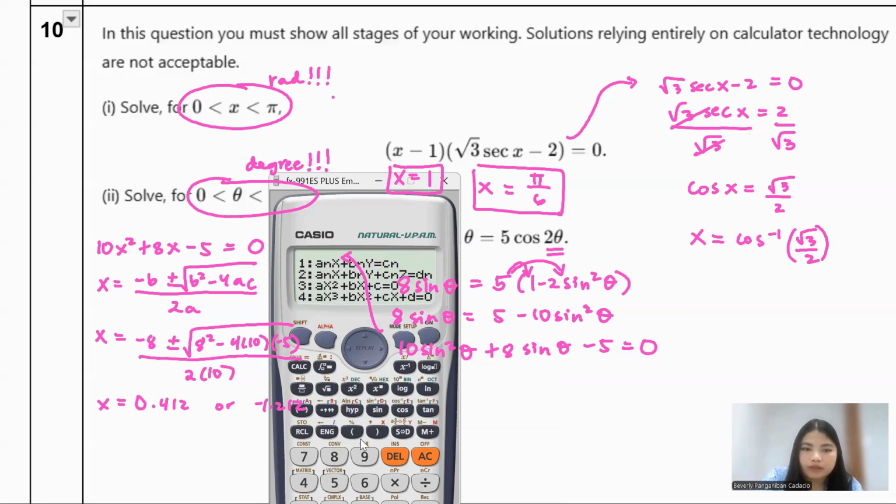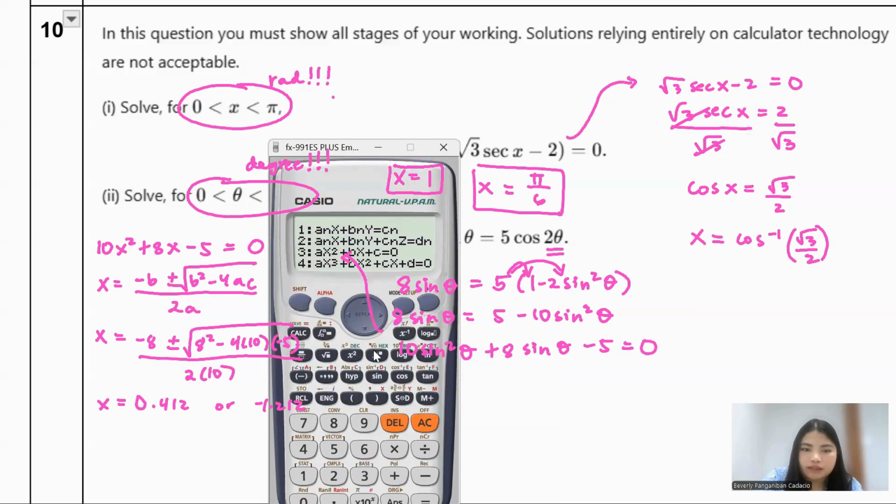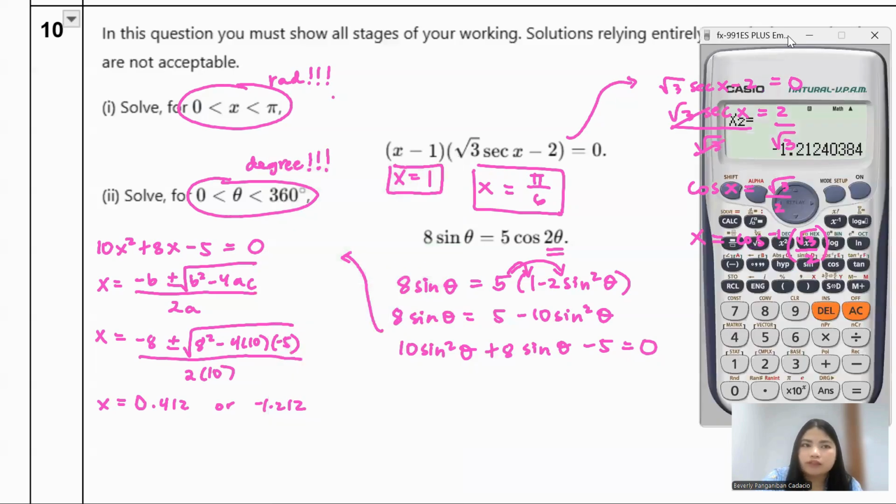And then you're going to pick the number 3 because it's the quadratic there. And then you're just going to put your ABC, which is 10, 8, then negative 5, and then press enter. See, you can give a decimal place, which is, that's correct, 0.412, and then the other one, which is negative 1.212. So I want you to double check using calculator techniques as well.